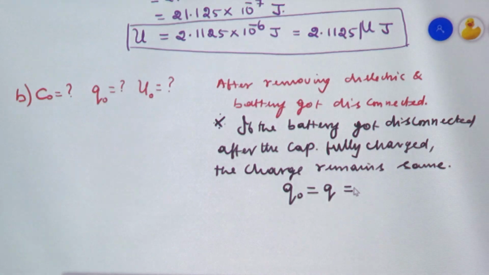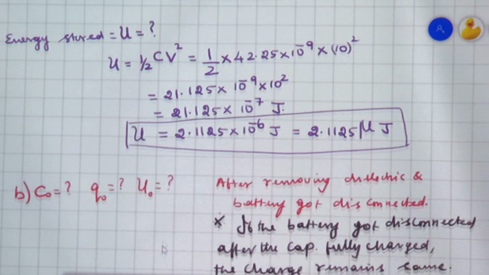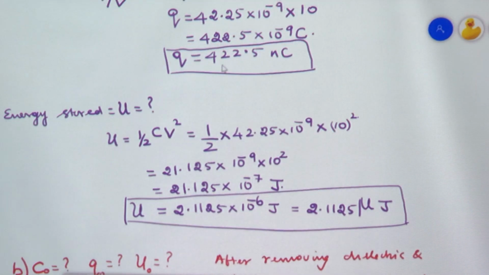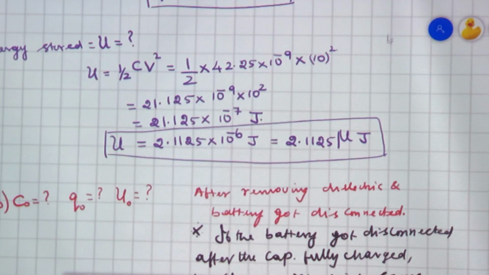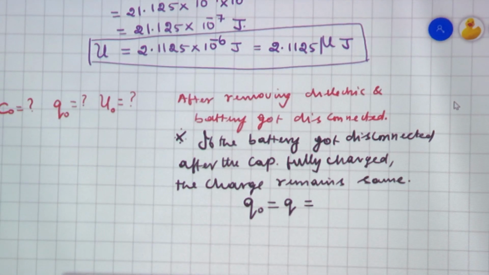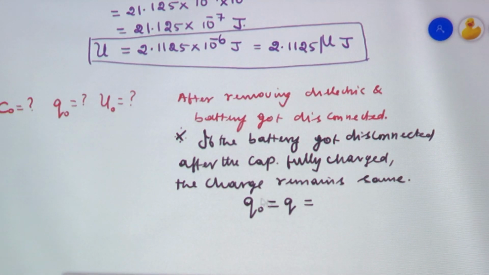What is the value of Q? In the previous case, we have calculated the value of Q as 422.5 nanocoulomb. That is considered to be the charge. So I can write Q0 equal to Q equal to 422.5 microcoulomb, or nanocoulomb, sorry, it is nanocoulomb, so we have to write it as nanocoulomb, NC.